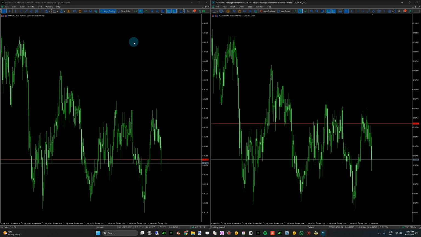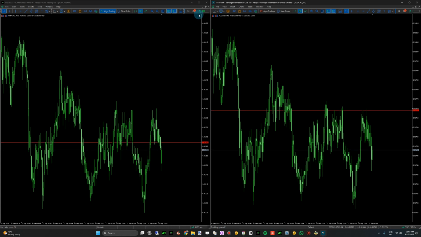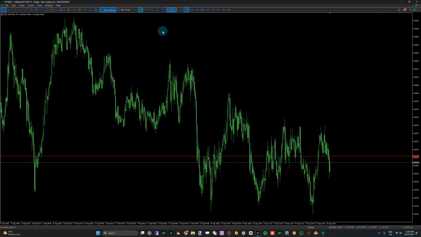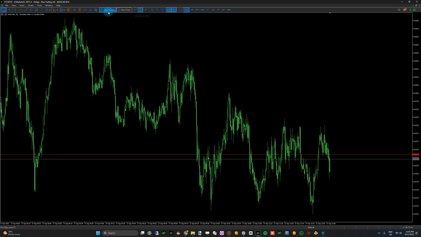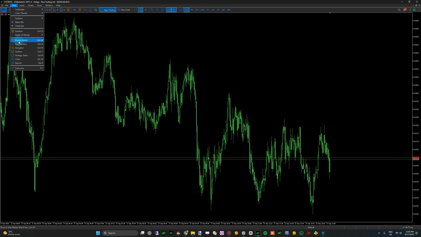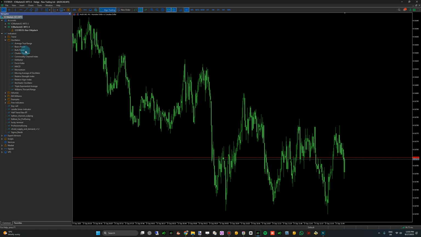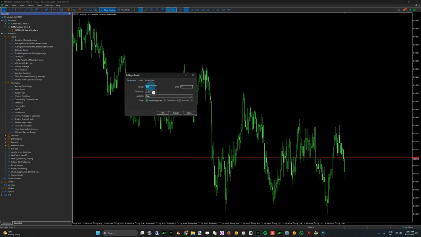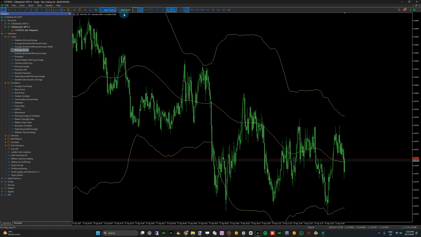Now let's imagine that, for clarity, I'll add an indicator so you can understand what I'm talking about. For example, a trend indicator, Bollinger Bands. All right.